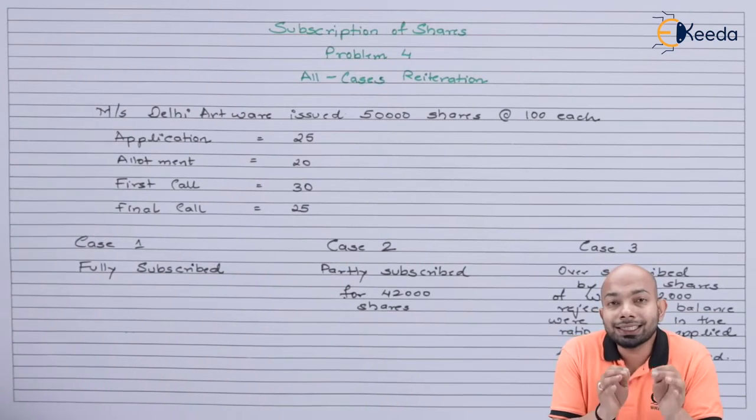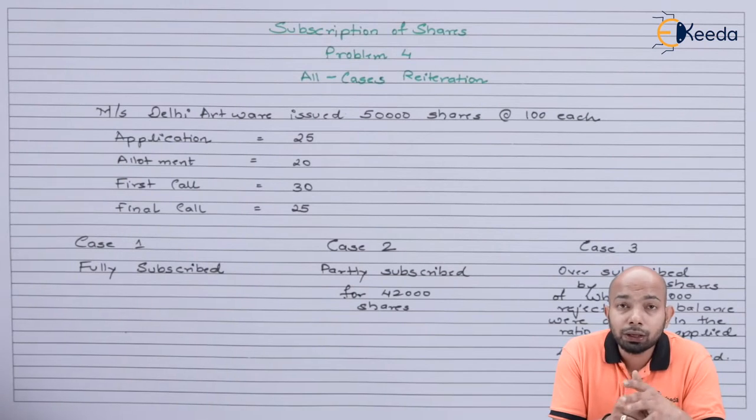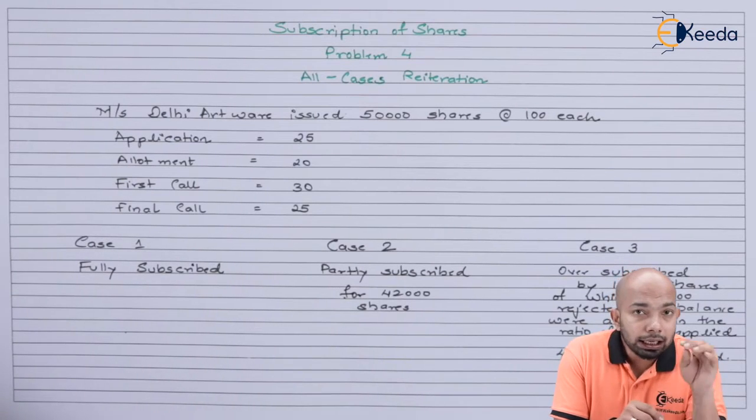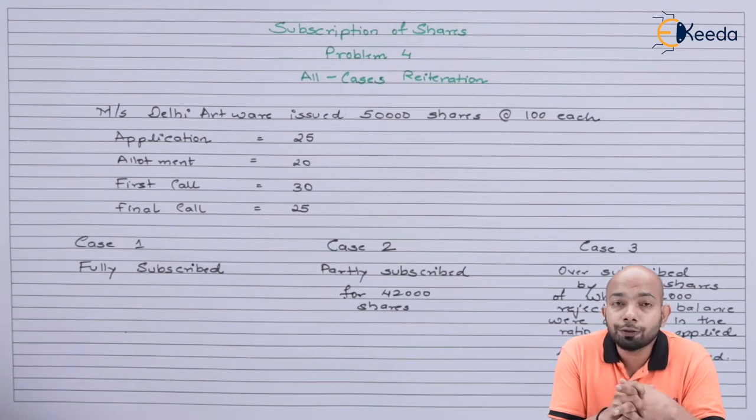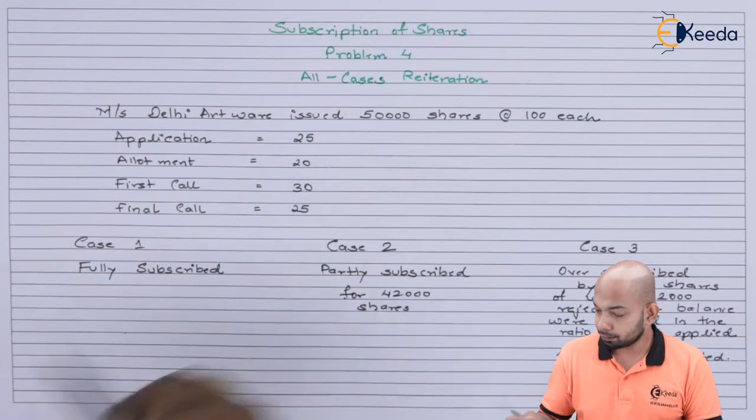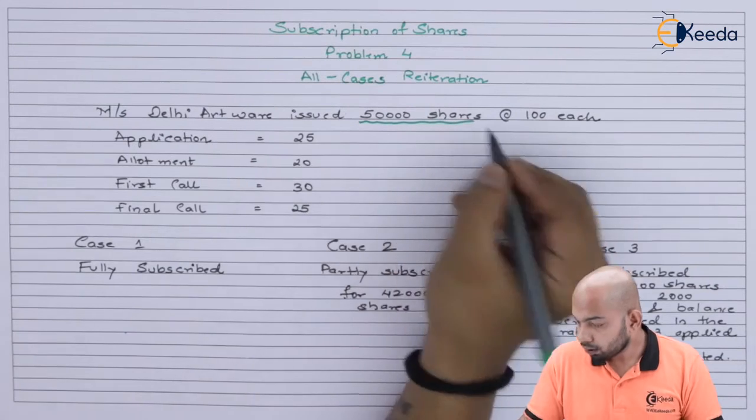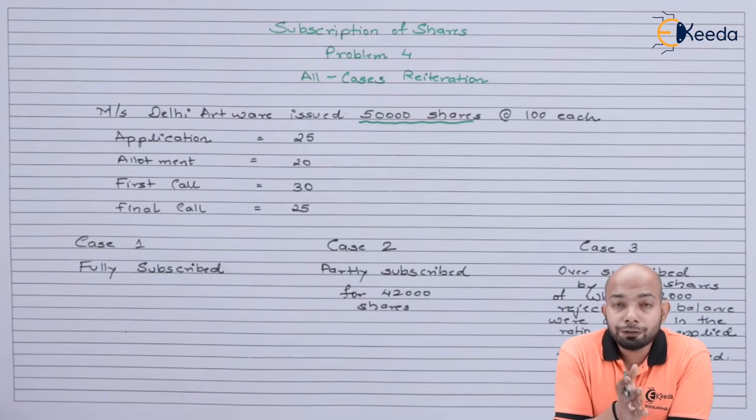As you know, this is related to Delhi Artware, who has issued X number of shares. Those X shares refer to 50,000 shares being issued here. The share value of each share is 100 rupees.